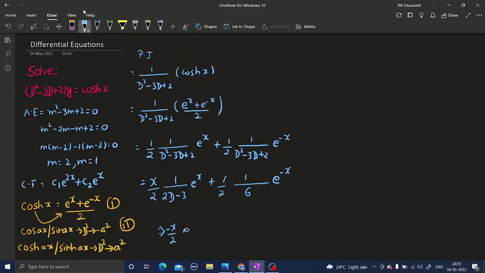Simply write e power x here. The second one is easily solved, 1 by 12 e power minus x. So this is the simplified version.